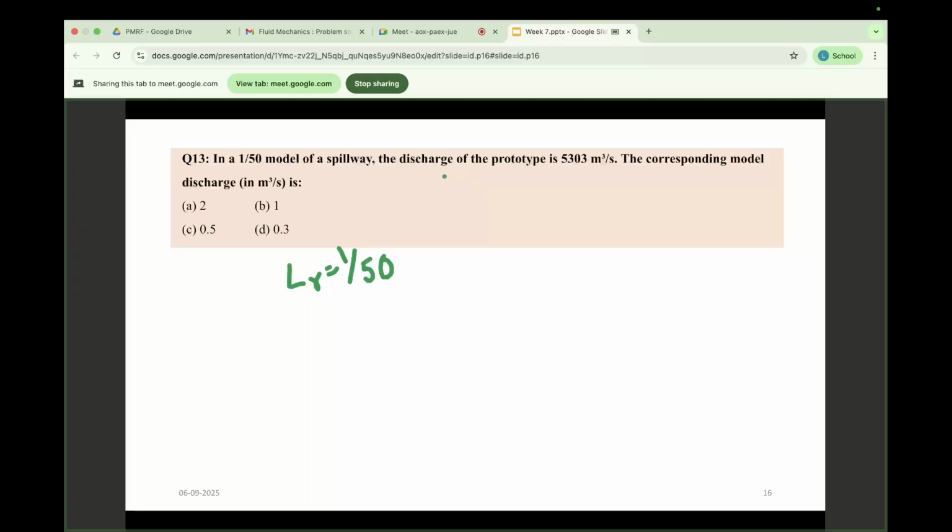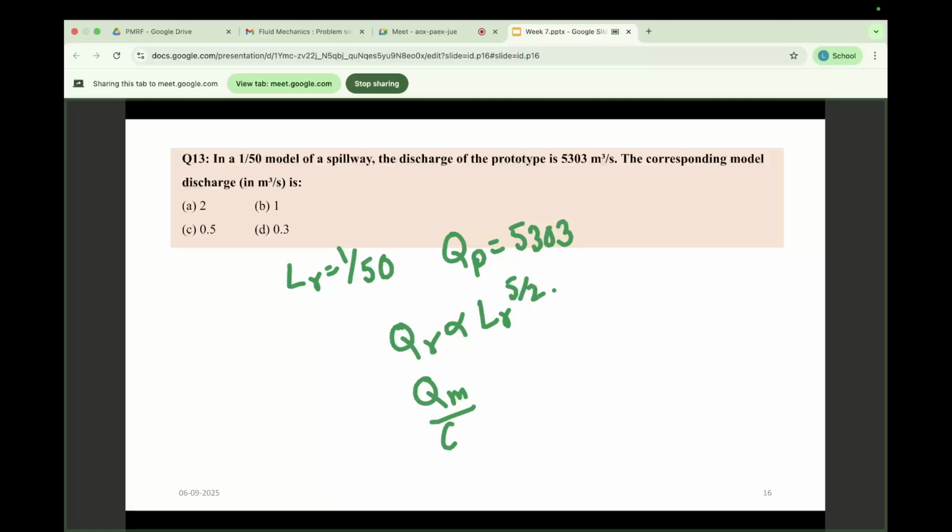You are asked for the discharge of the model, and the prototype discharge QP is already given as 530. This is a similar question to the previous one, right? You know that QR is proportional to LR to the power 5 by 2, right?